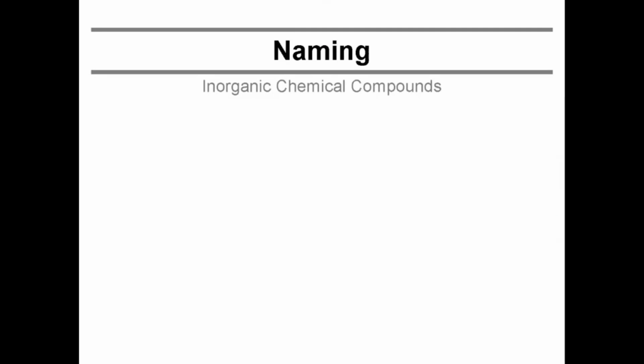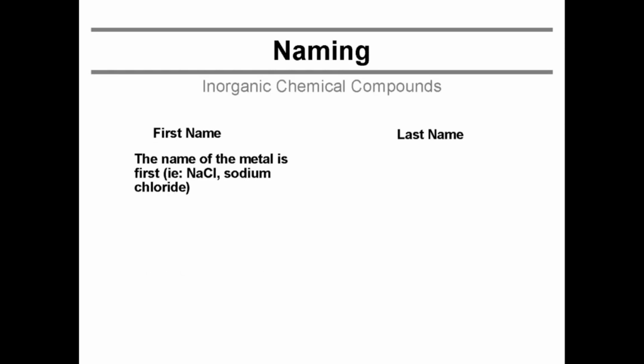What about naming these compounds when we put them together? How do these names work? Well, all compounds have a first name and they have a last name. Naming starts with the first name, which is usually the name of the metal that's involved in that reaction making this compound. In the case of sodium chloride, sodium is mentioned first as the metal.